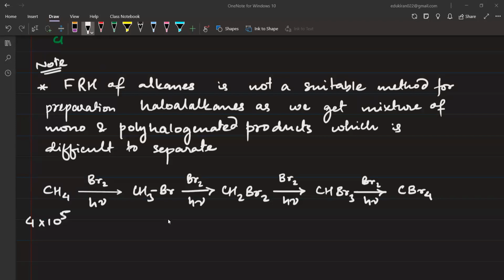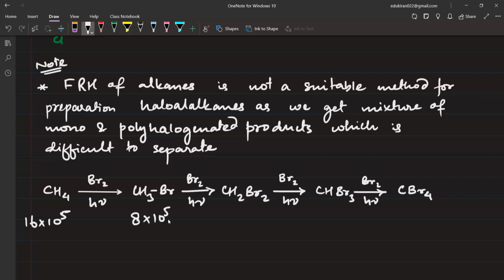Half of it, let's start with 16 into 10 to the power 5. These numbers are just for understanding things. That means 16 lakh molecules of methane. Let us suppose only half of it gets converted into CH3Br at once. So 8 into 10 to the power 5 will be converted to CH3Br.